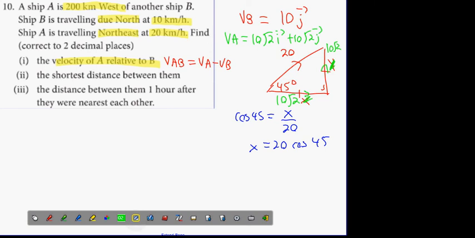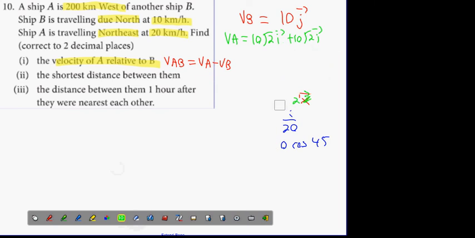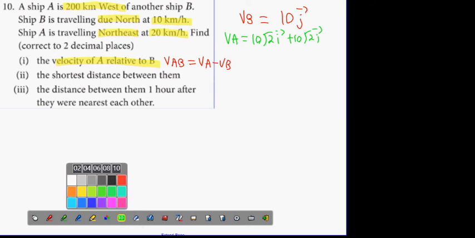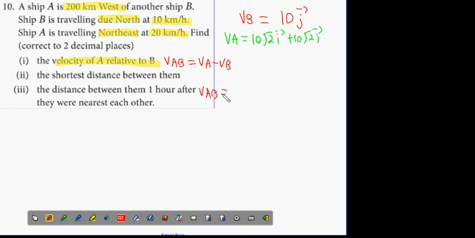Now, we're going to rub that out, and we have to find out the velocity of A relative to B. We're still on this question. So what we're going to get is VAB equals 10 root 2 I plus 10 root 2 J minus 10J.